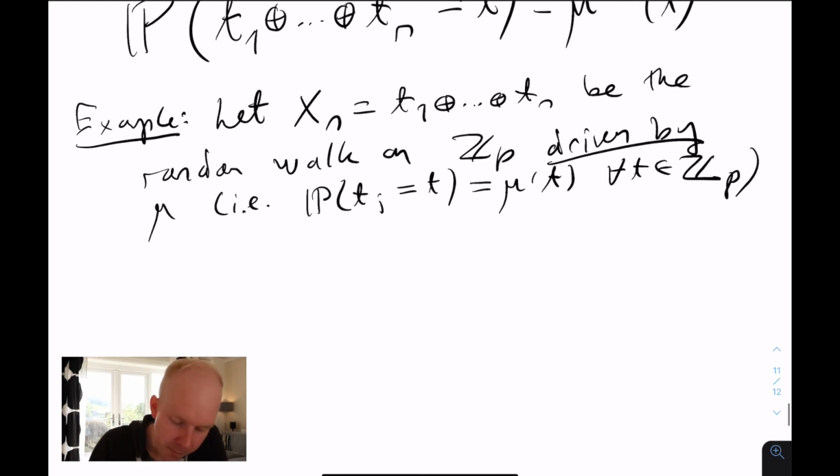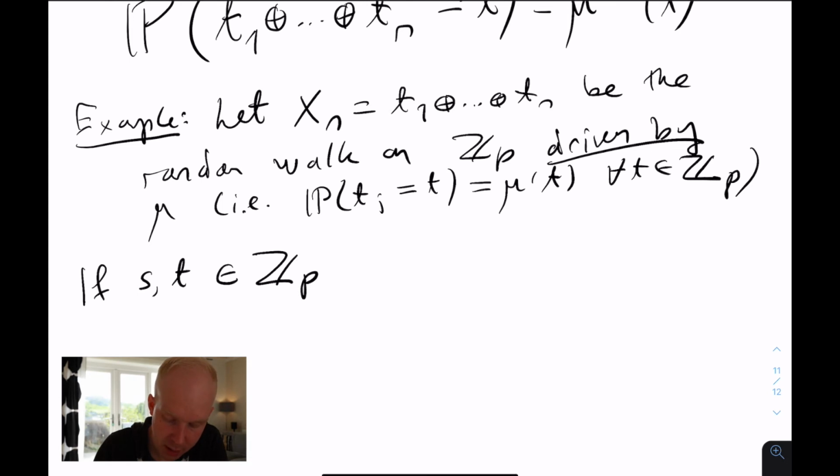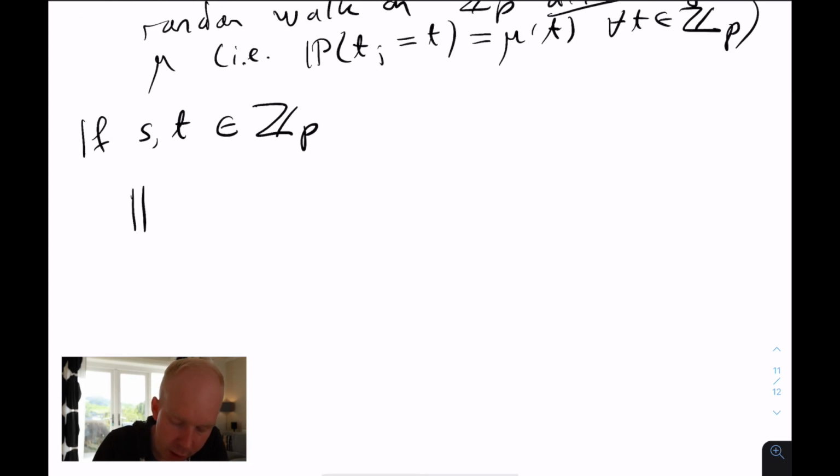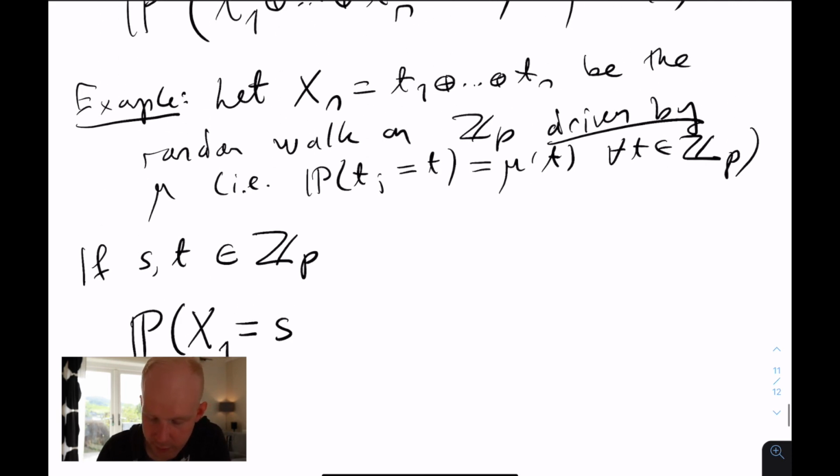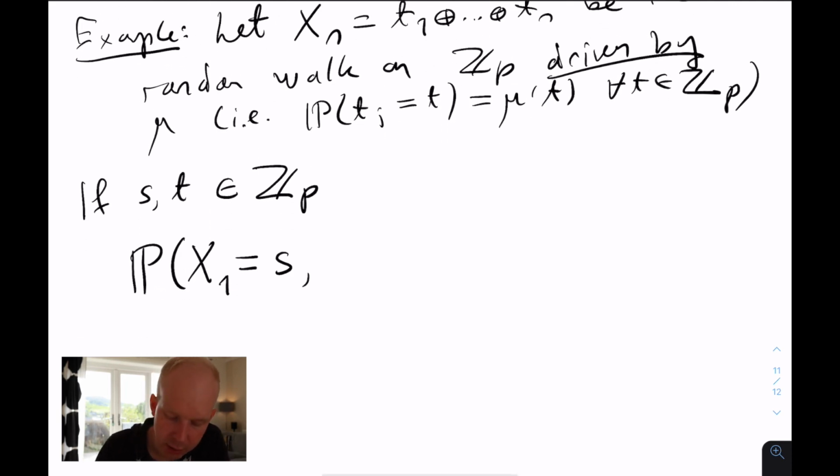And we could then ask something like this: if s and t are values in Z_p, what is the probability of this event, that we initially start from the value s, X_1 is equal to s, and then after n steps we move to the value t?